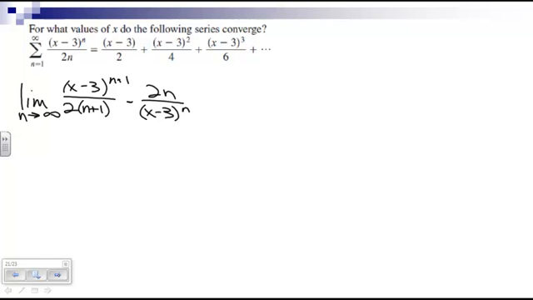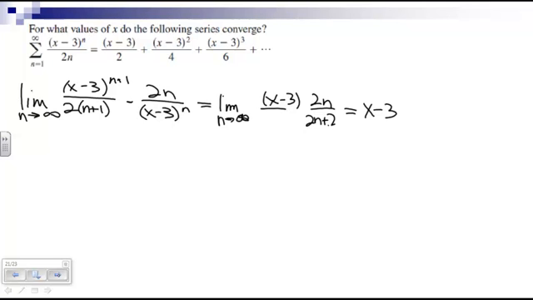All right, let's blow through this. When we clean this up, what do we get? X minus 3 on top, and I like to write it as 2n over 2n plus 2 on the bottom. Will those cancel? Sure will. What do we get when we apply the limit here? Just 1.